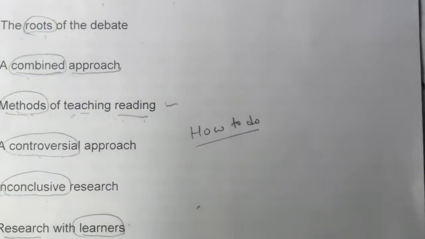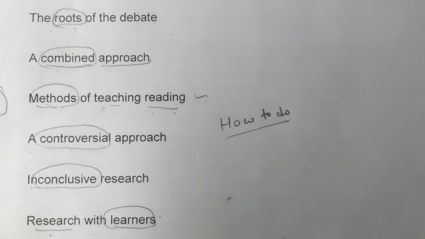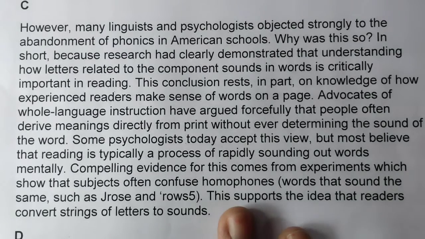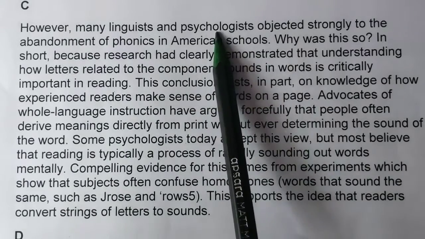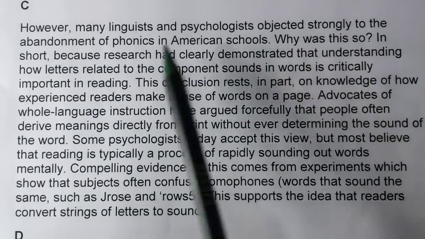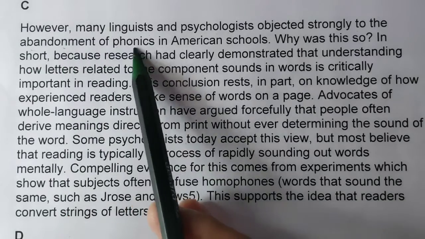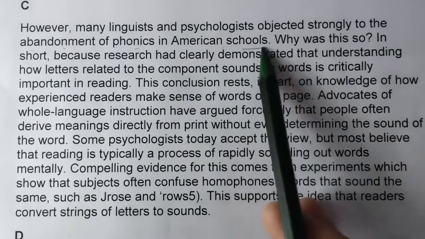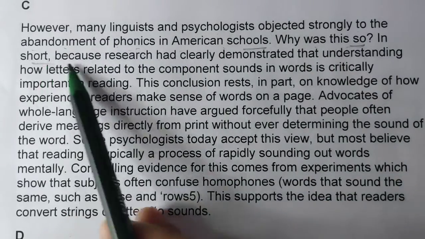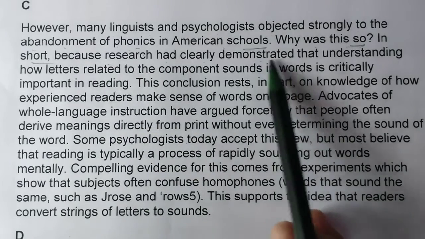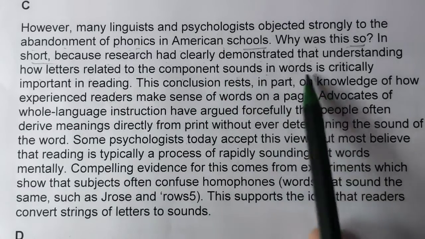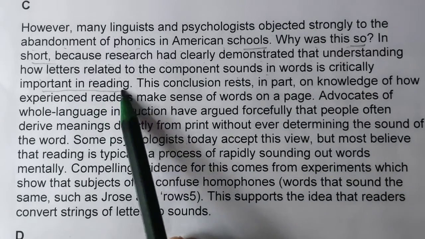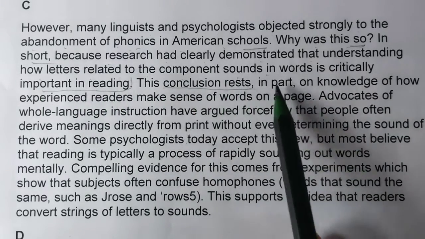Okay, now coming to C paragraph. Now this is the full C paragraph, I am showing it to you. However, many linguists and psychologists objected strongly to the abandonment of phonics in American schools. Why was this so? In short, because research had clearly demonstrated that understanding how letters relate to the component sounds in words is critically important in reading. This conclusion rests in part.